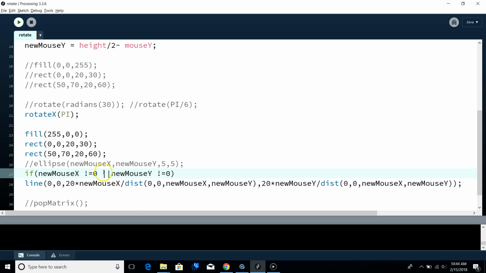Stop typing badly. Okay, so when's that thing going to execute? I'm wondering, when is it true that mouse x isn't 0 or mouse y isn't 0? When's the only time both of those things are true?